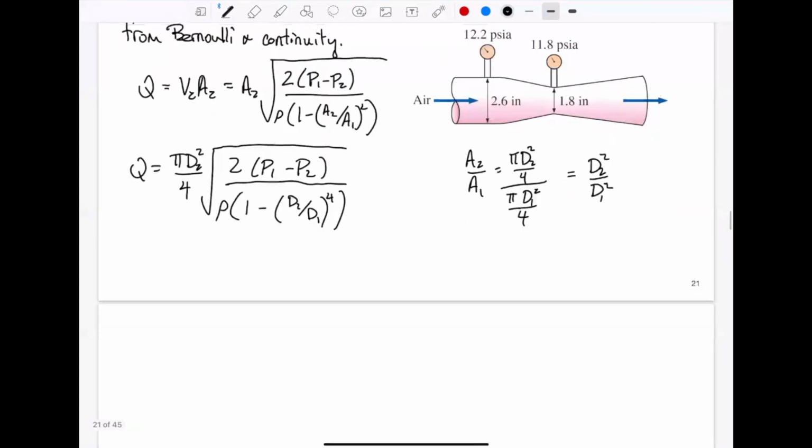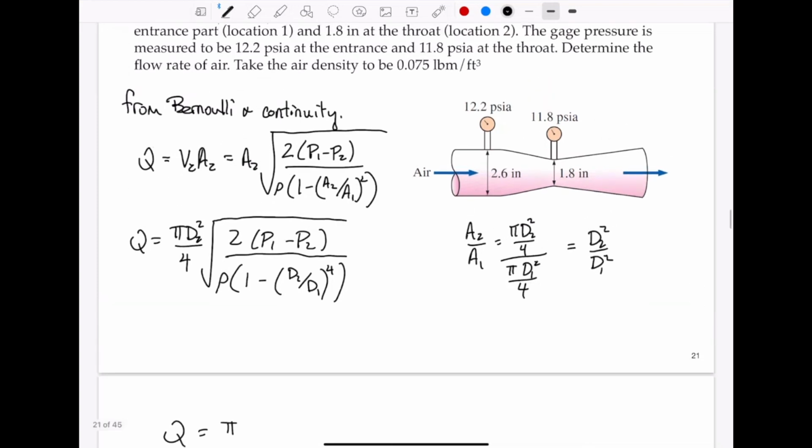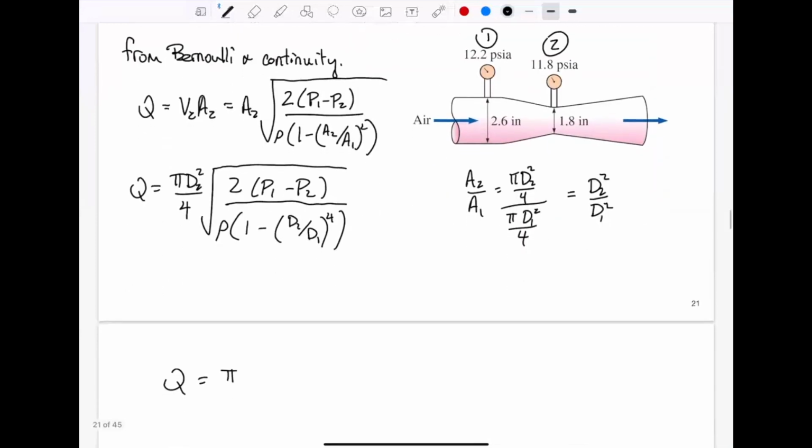So let's substitute those values in. Pi, the diameter of section 2. So section 2 we said is located at the throat. So this is 2, this is 1. So our diameter is 1.8 inches. So 1.8 over 4.